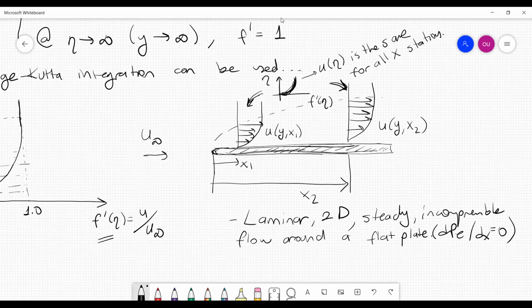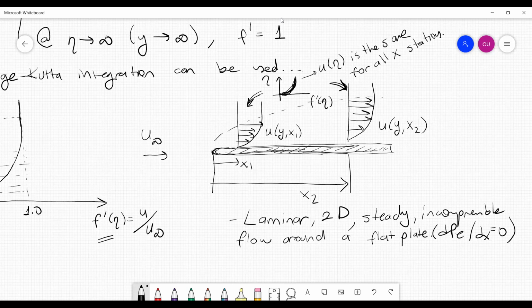And the nice thing is, once we know the velocity profile, we can do lots of stuff. Many boundary layer parameters that we have learned so far, like the definitions of delta star, theta, and even wall shear stress, and therefore the friction coefficient, everything depends on this velocity distribution.